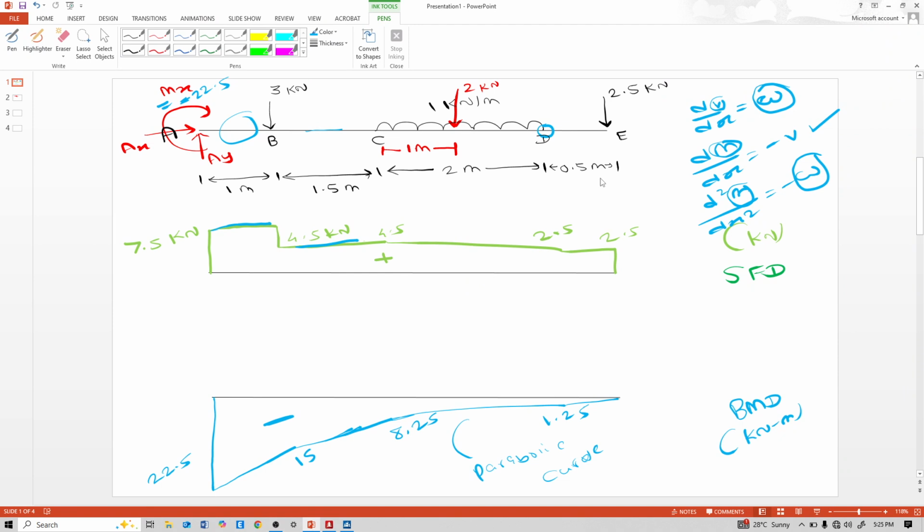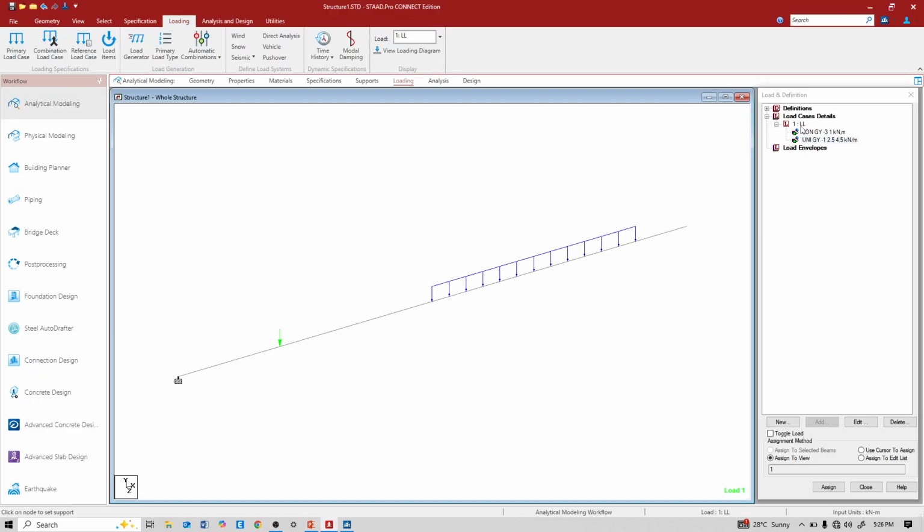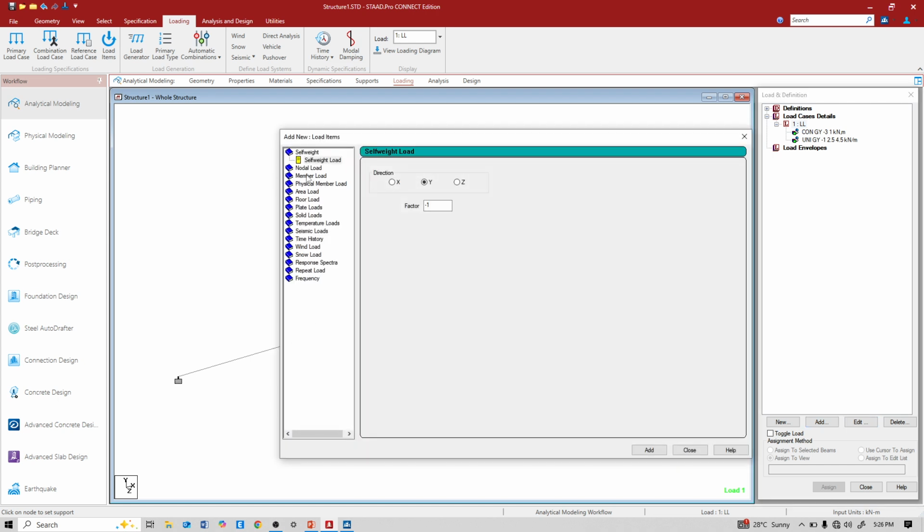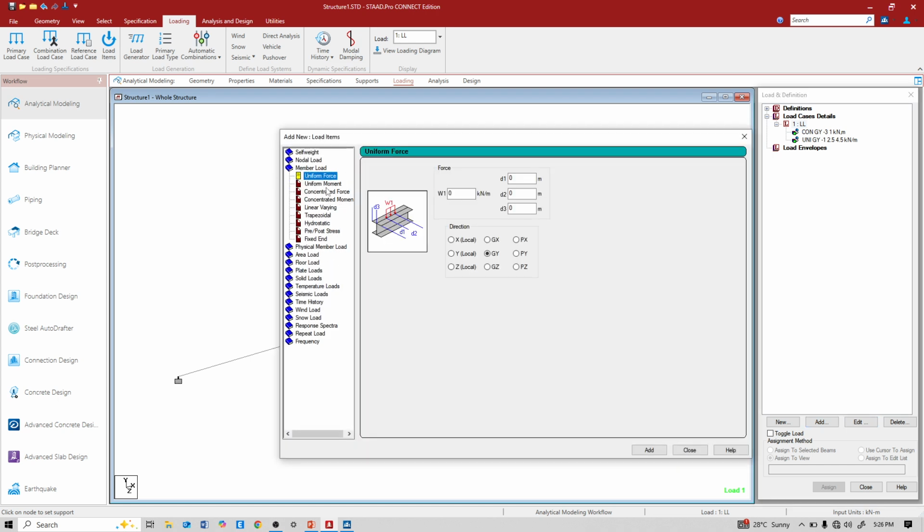Now at point E there is 2.5 kN downward force. Member load, concentrated force minus 2.5, minus because of downward, and d1 is 5.